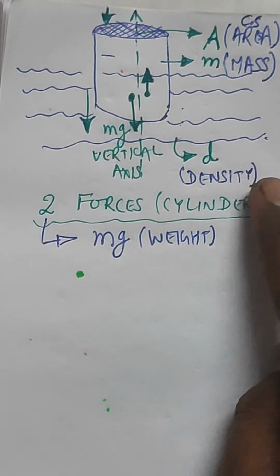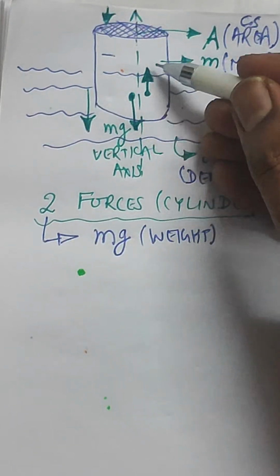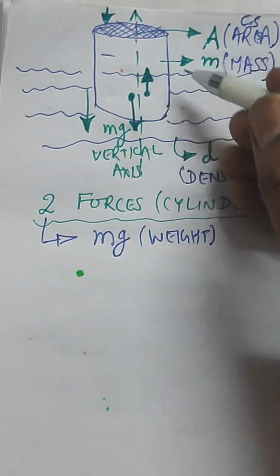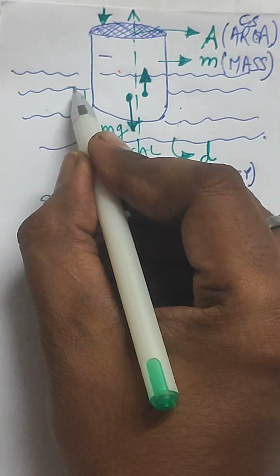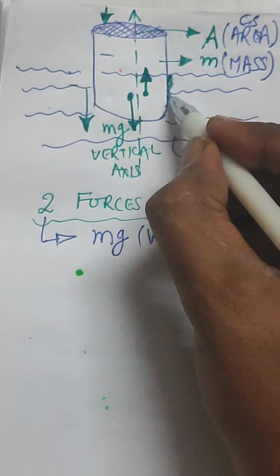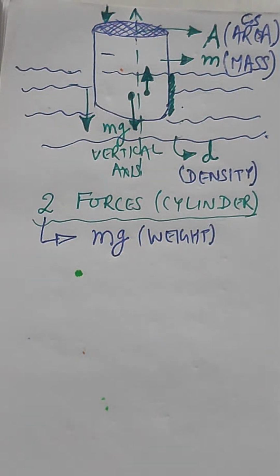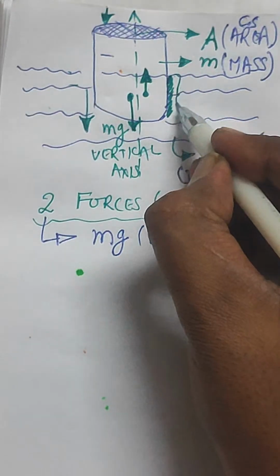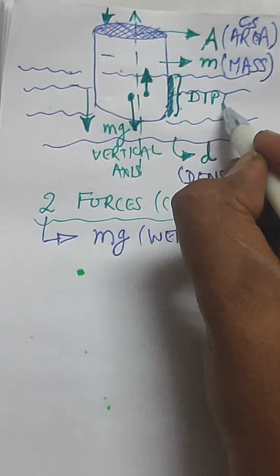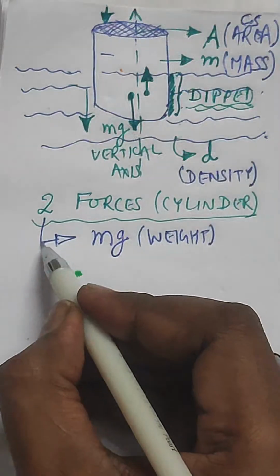the magnitude of this restoring force depends upon the level of liquid into which it is dipped. So here you can see this section is dipped into the water, and it all depends upon this section. The section which is dipped is directly proportional to the second force.